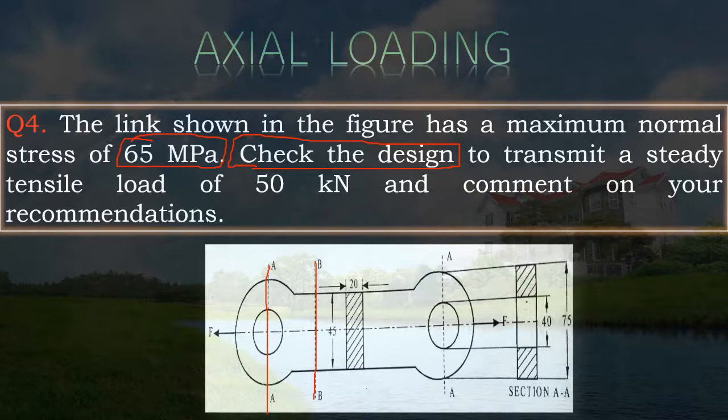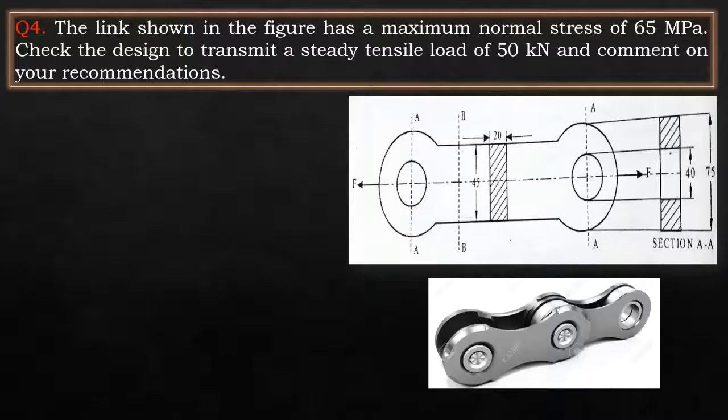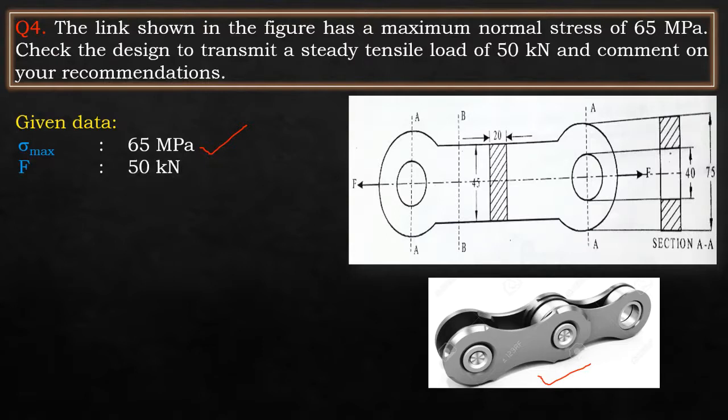Let us start the problem by noting down the given data. We can also see the link shown. The link looks similar to a bicycle chain as shown in this figure. In this data, he has given a maximum stress as 65 megapascals, and also the link is subjected to a load of 50 kilonewtons.